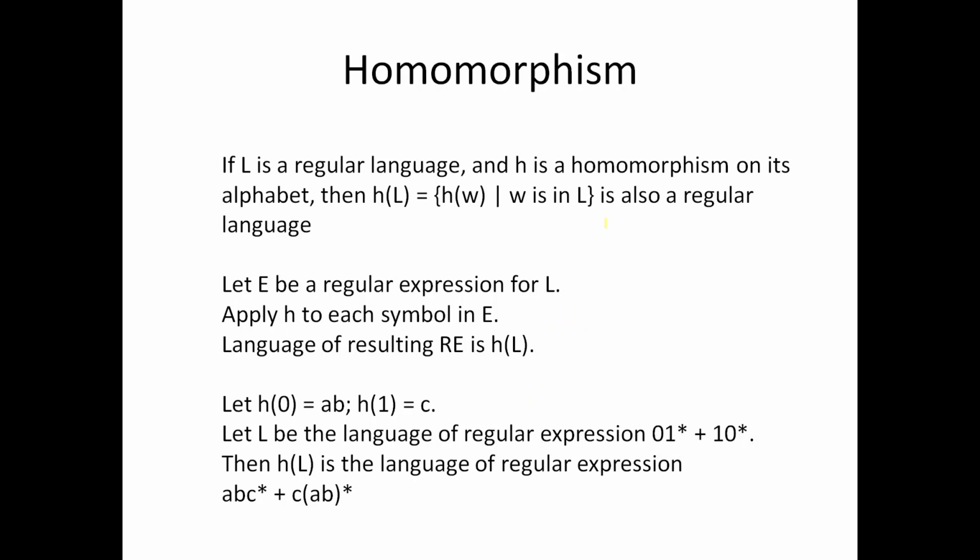So now we can convince ourselves that regular languages are closed under homomorphism. If a language is regular, we know that there should exist a regular expression. Suppose we consider the language 0 1 star plus 1 0 star. Then we can come up with a regular expression for the set of strings that we get by applying homomorphism on the strings of this regular expression.